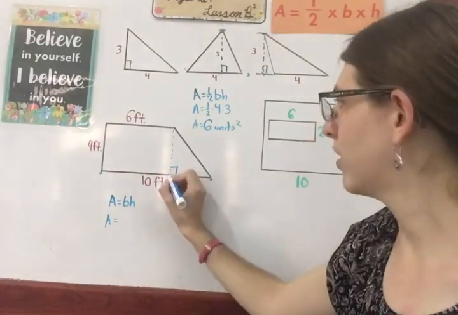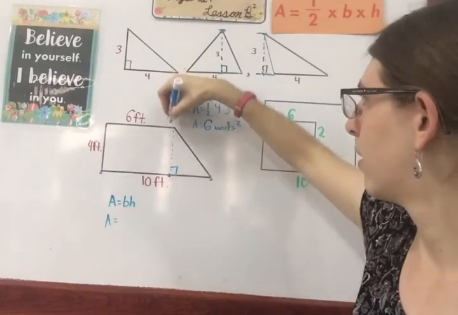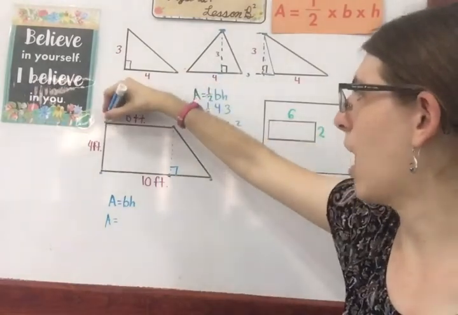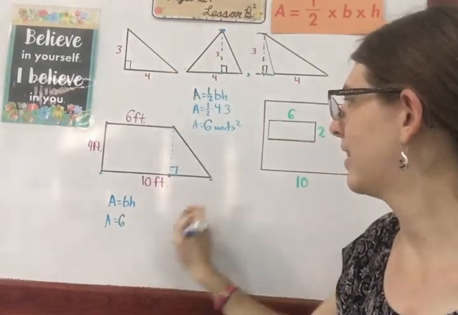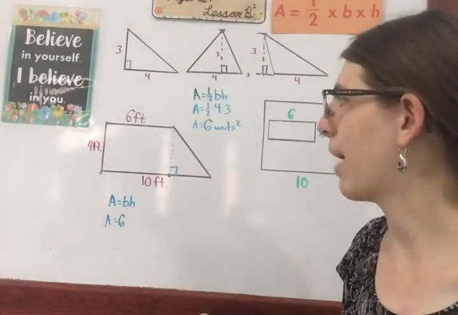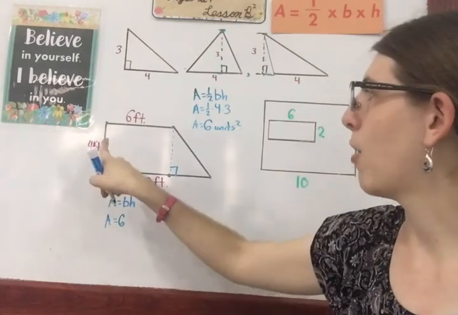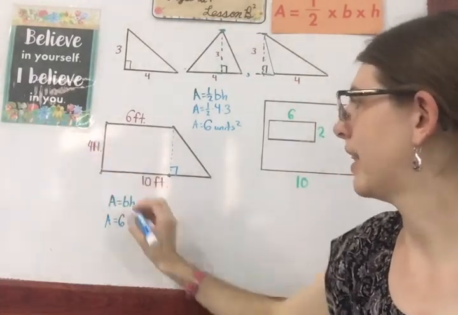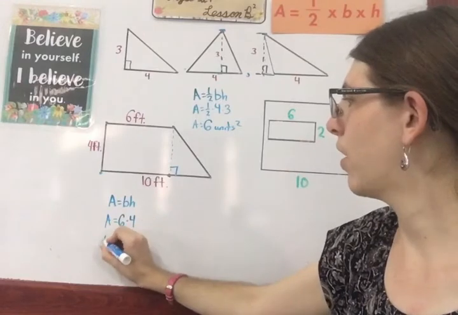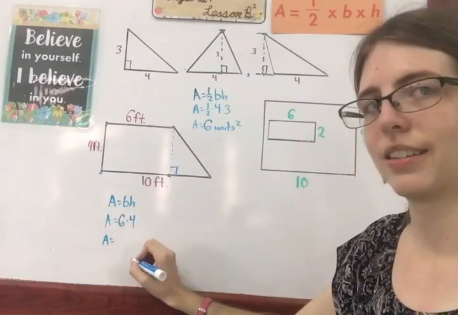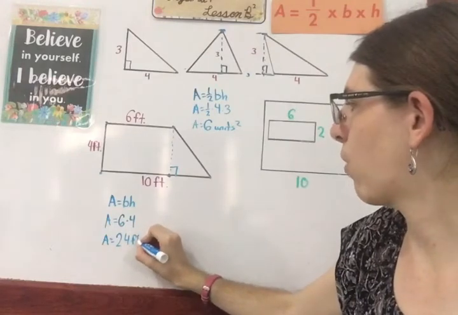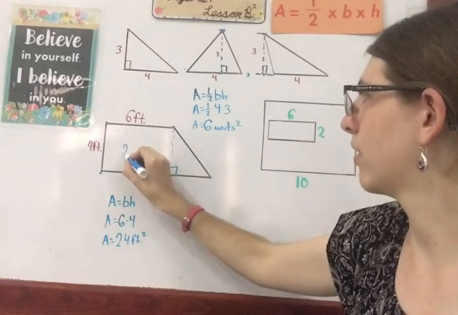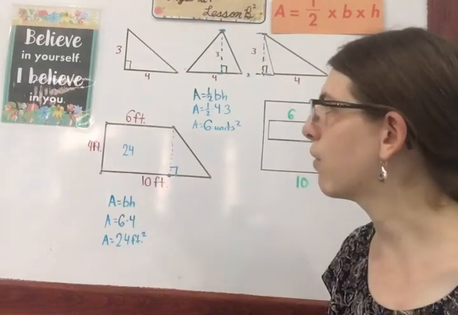My rectangle stops here, which is the same as this top piece, which is 6 feet. So that means my base is 6 feet. So be very careful with that, okay? Now my height is 4. So 6 times 4 is what, class? 24, and I know my units, so it's 24 feet squared. I'm going to put that in there, that is 24.